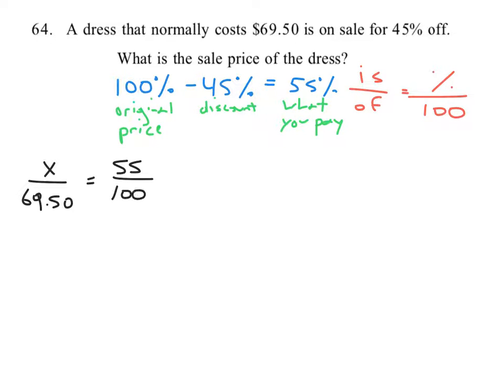out of 100. Now we're going to multiply the diagonals, okay? 100 times x equals 69.50 times 100.